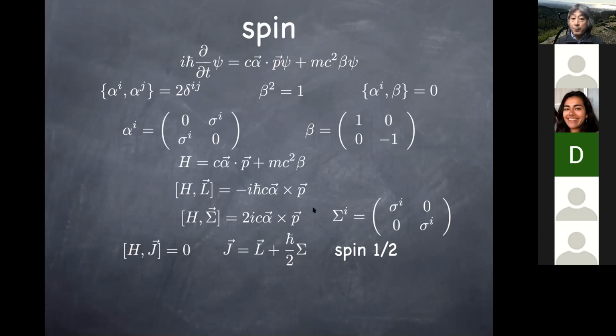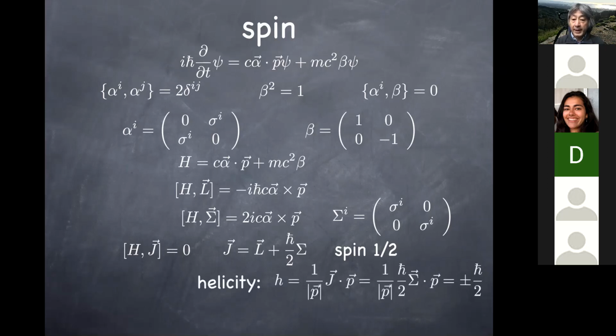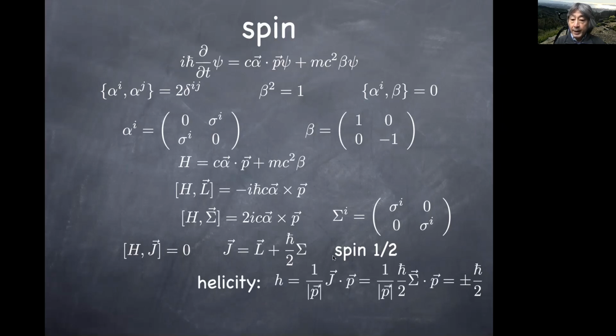So I need to come up with a new label of the state that would commute with the Hamiltonian when the momentum is finite. And spin is not a good quantum number anymore. And what it could be turns out to be what is called the helicity, which is nothing but angular momentum projected along the direction of the momentum.